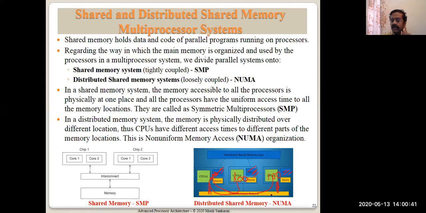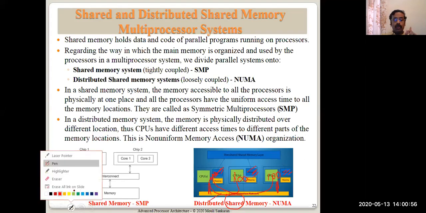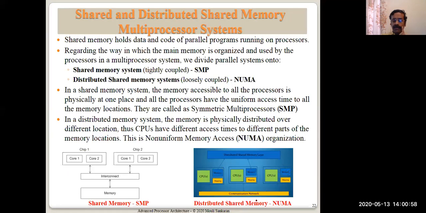It will take different time, doesn't matter, but it will access the same location because it is a shared memory, and it is taking more time or different time based on the location because it is distributed. So a distributed shared memory is a non-uniform memory access. Once the memory is distributed, it will not have a uniform memory access.